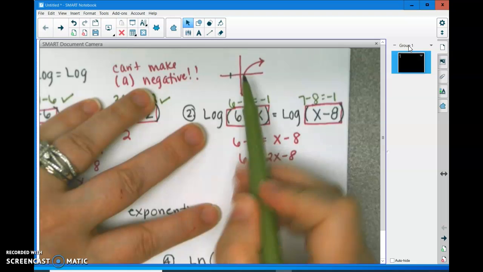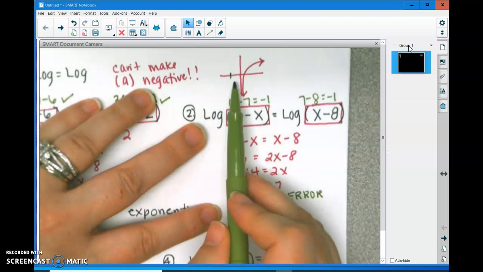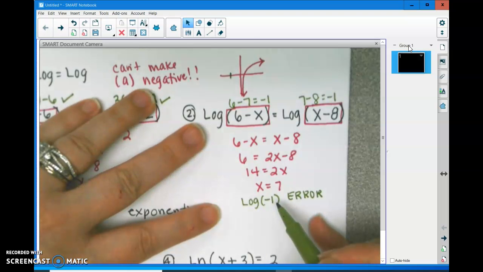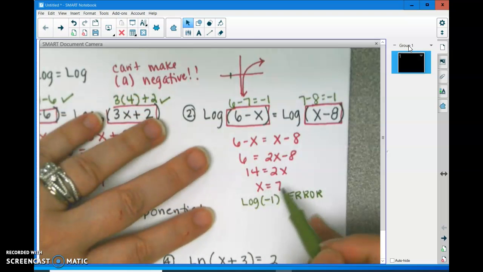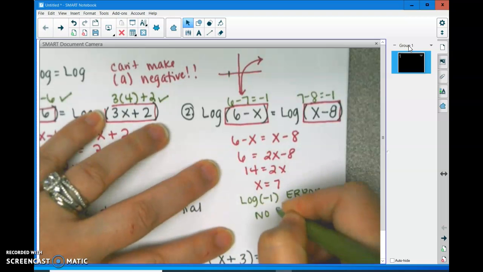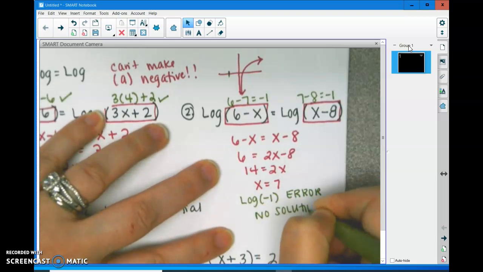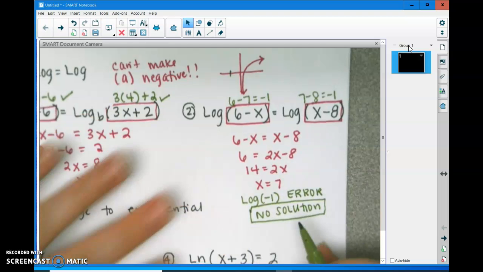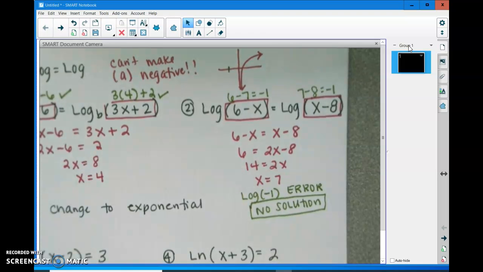Because negative 1 is not in the domain of a logarithm, so therefore this log does not exist. So in a situation like this, your final answer would be no solution. So that's why you have to make sure you go back and check.